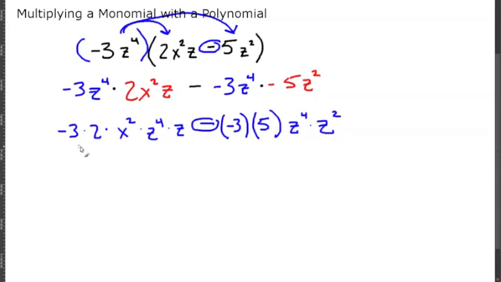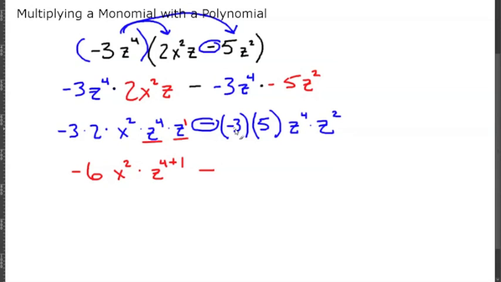We can simplify this even further. Negative 3 times 2 is negative 6. X squared is just x squared. Z to the fourth times z to the first.